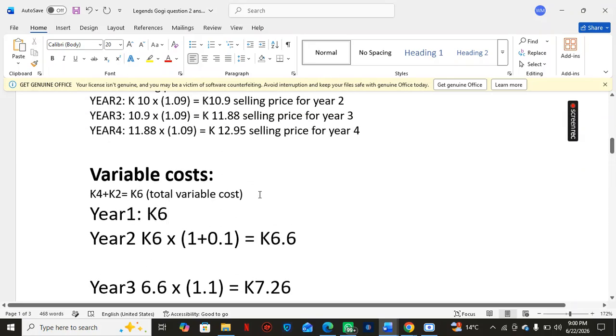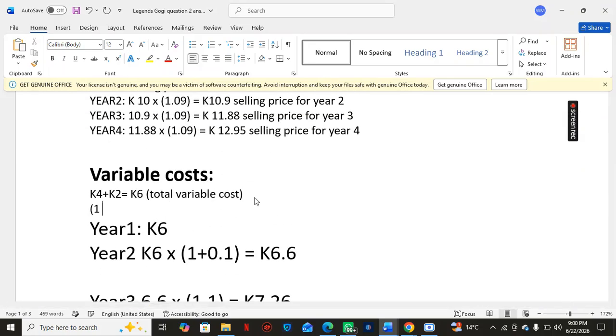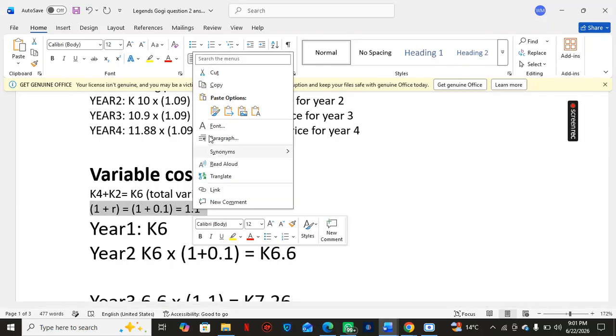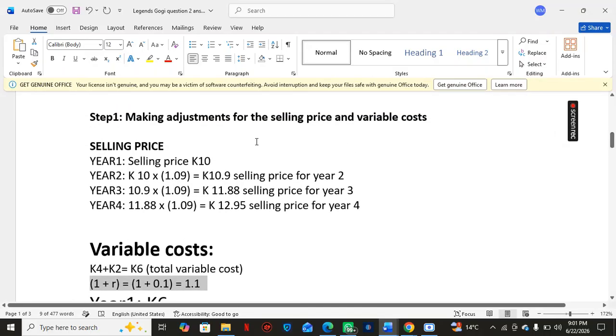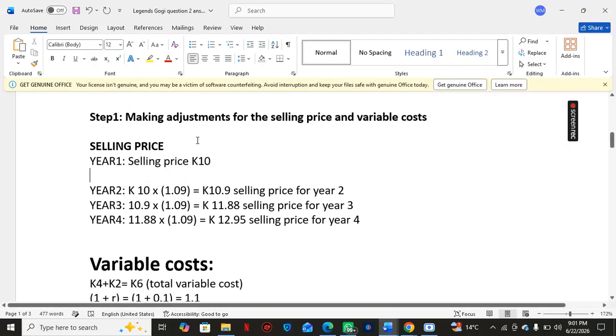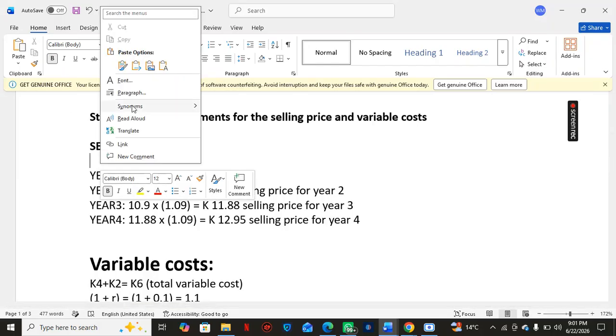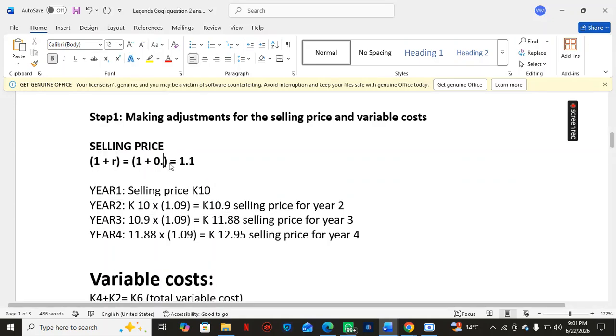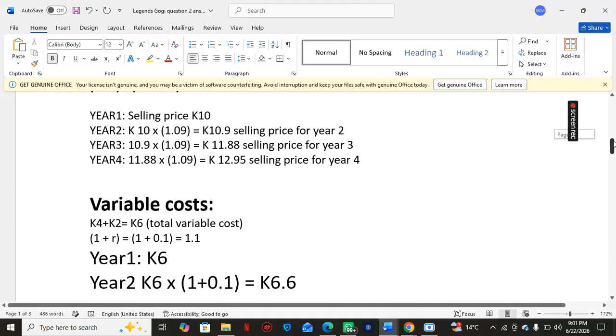So 1 plus R equals 1 plus 10%, which in decimal is 0.1. So our growth factor is 1.1 here.